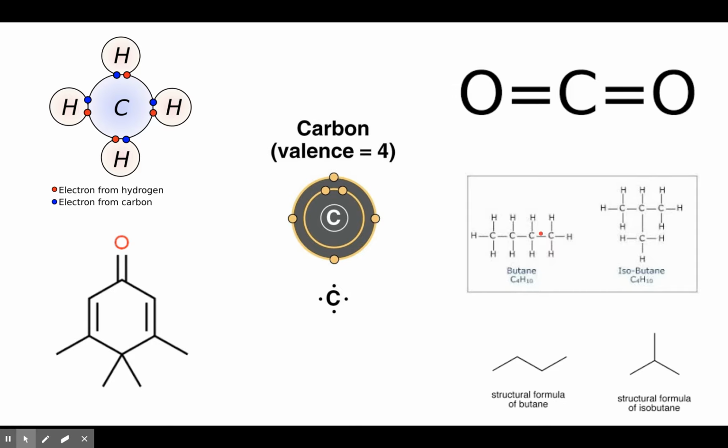Okay. But what you're also going to see are these things called stick diagrams or stick chemical diagrams. This is the structural formula of butane. So this corresponds to this. The way you interpret this is every time you see an end of a line or a corner of a line, that's a carbon. So we have 1, 2, 3, 4 carbons.